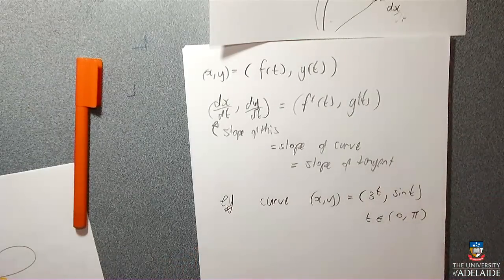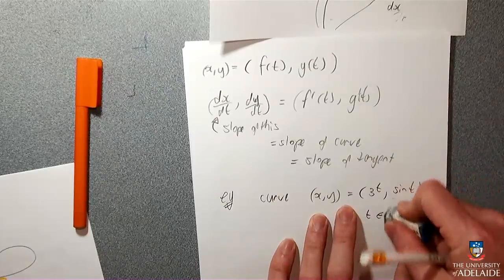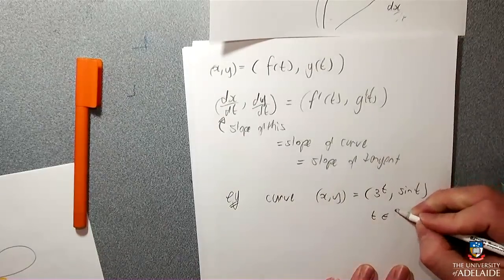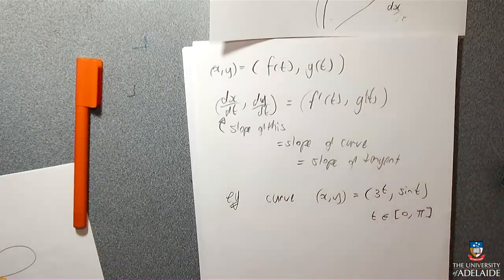All right, let's do this curve. I have not the slightest clue what this curve looks like. I just want to give it a go. Okay, it's going to be fun.